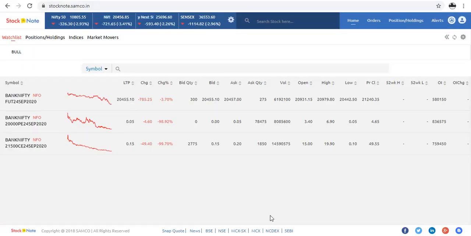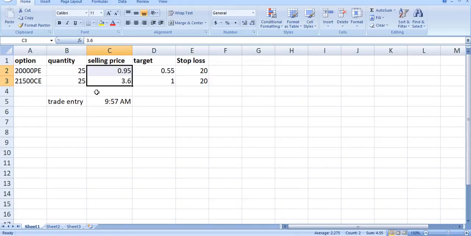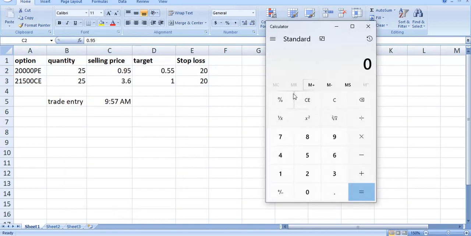Now let's calculate our profit today. So we had 0.95 for the 20,000 put, and the target was 55 paise, okay traders. 0.95 minus 0.55 is equal to 0.40 paise, and the quantity was 25.